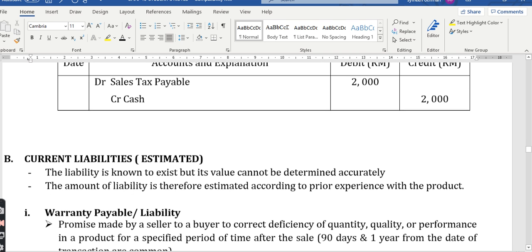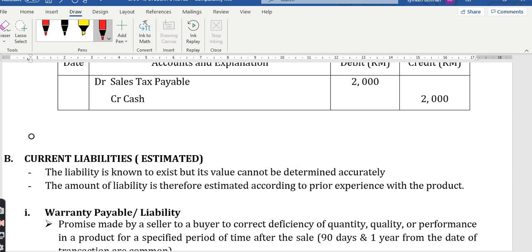So that is your current liabilities with a certain amount. That means you already know how much you need to remit or record as a liability. You have another type of current liability but with an estimated amount. Why do we say it is estimated?